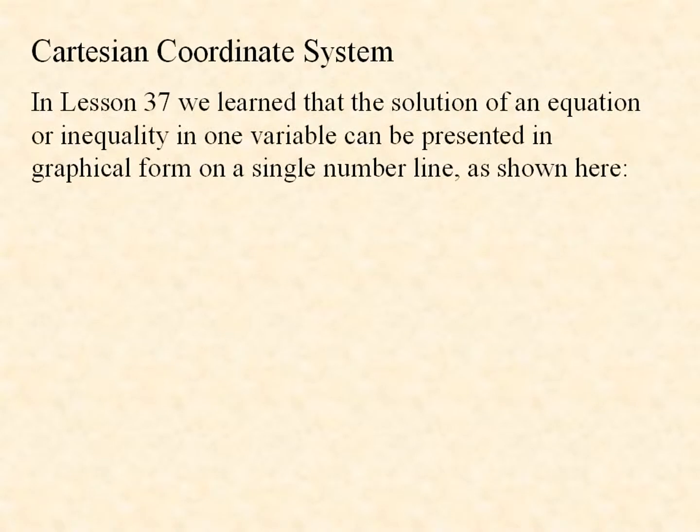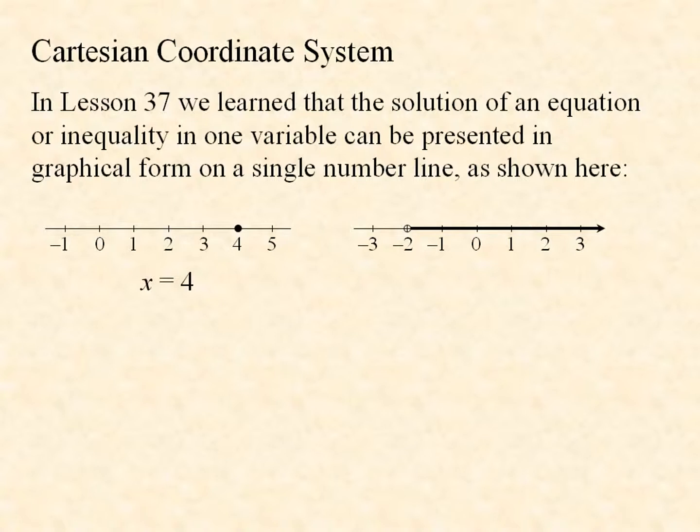In Lesson 37, we learned that the solution of an equation or inequality in one variable can be presented in graphical form on a single number line as shown here. This solution says x equals 4, and this solution says x is bigger than negative 2.